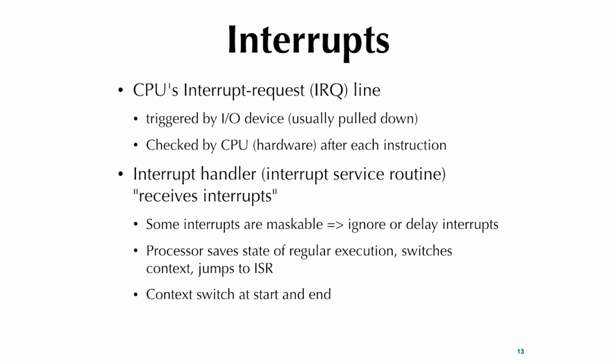You can think of it almost like an AND, or I should say, an inverted AND, so it's a NOR, so to speak. If one or more pulls it down, it's down, and that's asserted.